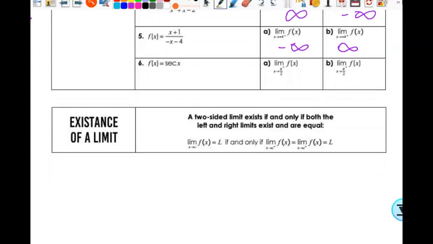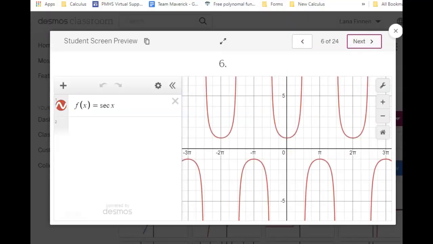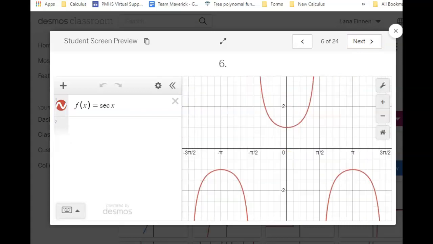All right, and then secant of x. That's not a function I expect you to be familiar with, but honestly, the rest of them you weren't really familiar with either, right? Secant is the reciprocal of cosine. Cosine should sound familiar from geometry. These are not graphs that we have graphed yet. We will get there, but I went ahead and left this one on here. I want the limit as x approaches pi halves from the left and from the right. So this is what your secant graph looks like.